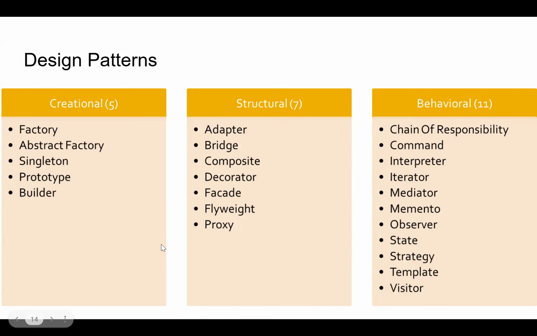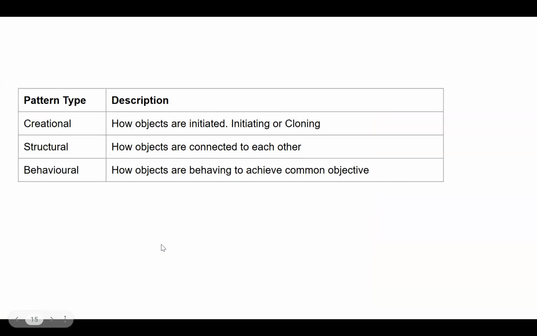During this lecture series, we will understand how we can easily identify these things. So creational means how objects are initiated, how you create the objects. Remember the OOP lessons that we learned? How do we create objects?